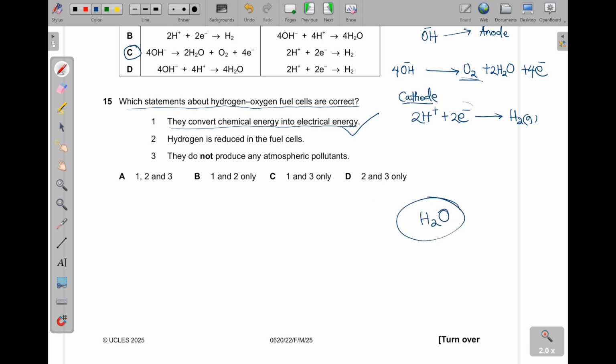There is addition of oxygen onto the hydrogen. So this one is wrong. But then when you look at 3, they do not produce any atmospheric pollutants. That is true, because water is the waste product. So our answer has to be on 1 and 3. Where is it? C.